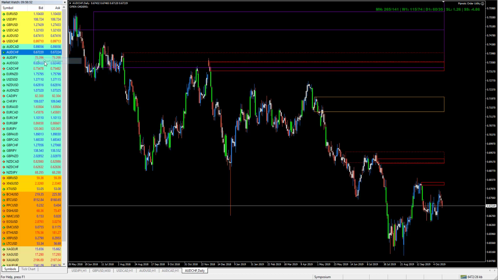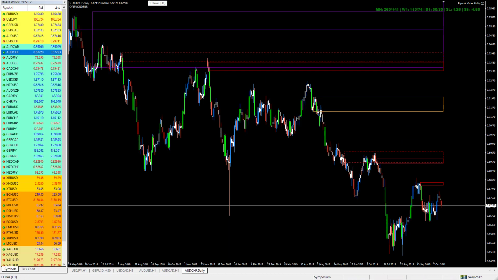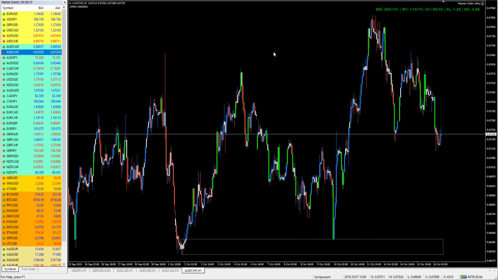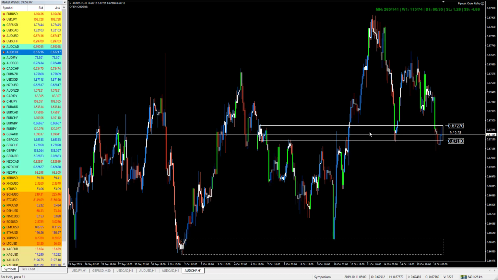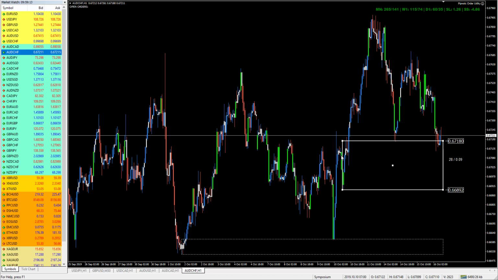So let's have a look at the dollar franc. So we had this tested. Now it's gone. What area did it? This candle did it right there. The origin of it is here.